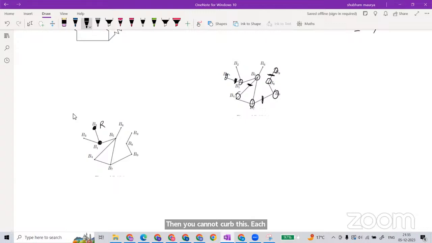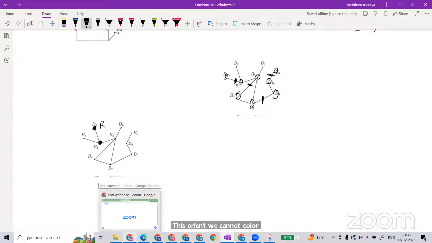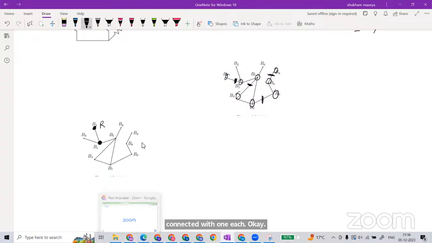That's the meaning. Coloring of the graph means we color only the vertices, and there is one constraint: we cannot color two vertices the same if they are connected with one edge. So we cannot color this one red. We have to choose a different color.